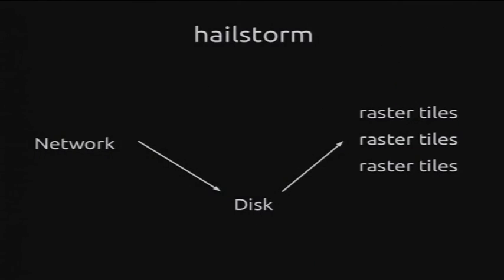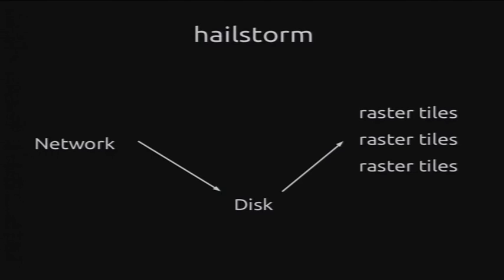Hailstorm is the front-end machines. These are the ones based on tile live vector that take the vector tiles and create map images from them. It can fetch map tiles from across the network from vTiler. It stores them on disk. And then on demand, it will create map images from them.